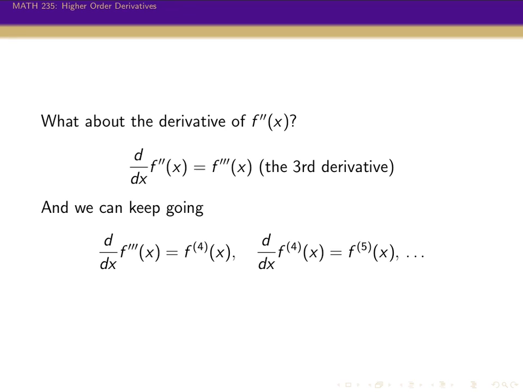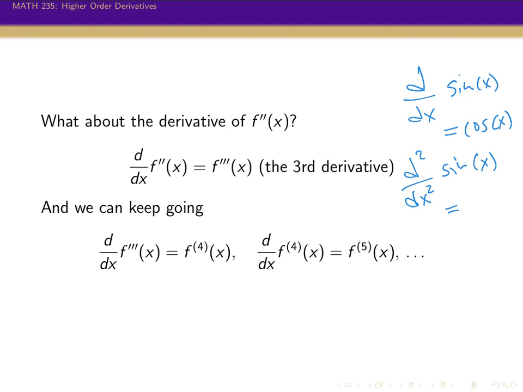Like if you take the derivative of sine, you get cosine. And then if you take two derivatives of sine, well, that's the derivative of cosine, which is minus sine. And then if you take the third derivative of sine, that would be the derivative of minus sine, which is minus cosine.